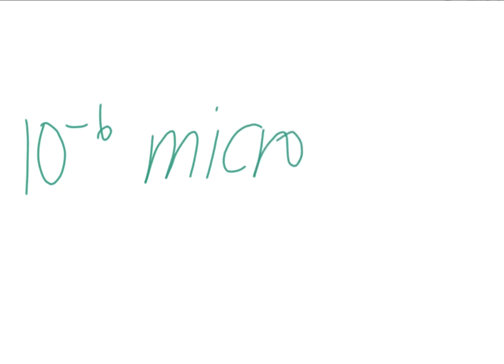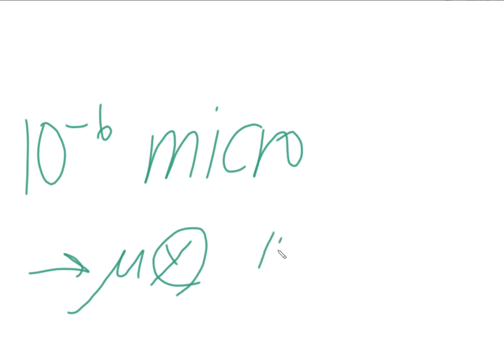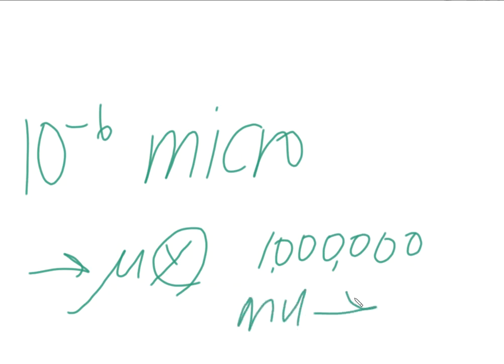Then we have 10 to the negative 6, which is micro. And that looks a little bit funny, like a u. I'm just going to rewrite it. X, that's your variable once again. And 1 million microunits goes to 1 unit.